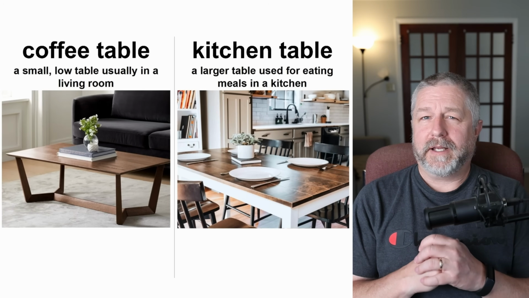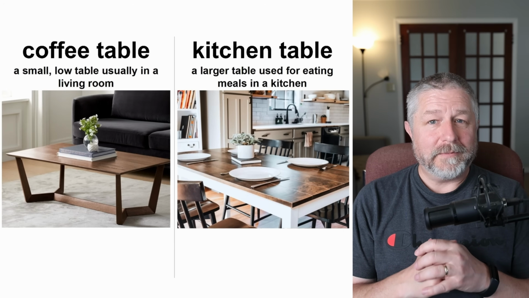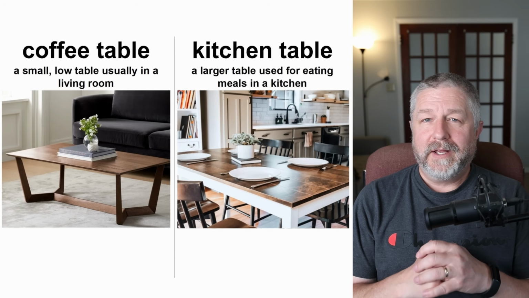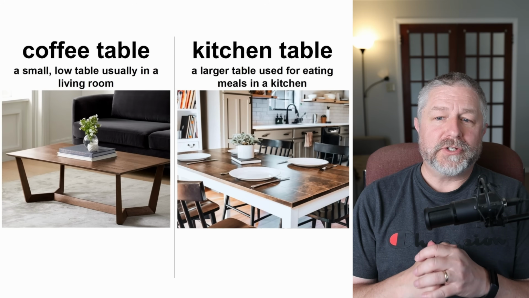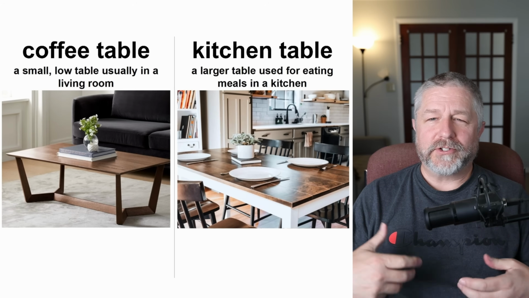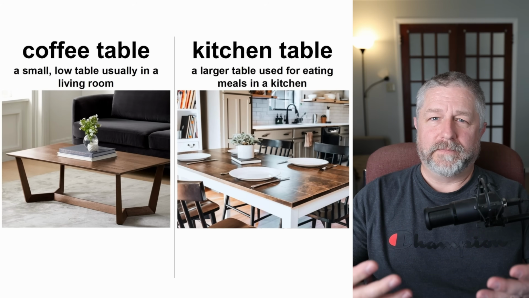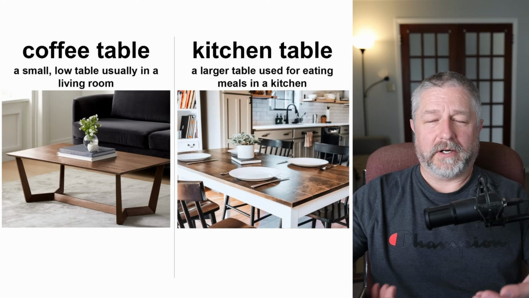Coffee table and kitchen table. A coffee table is a small, low table, usually in a living room. And a kitchen table is a larger table used for eating meals in a kitchen. I should have also added dining room table. We have a kitchen, and we have a kitchen table in our kitchen.